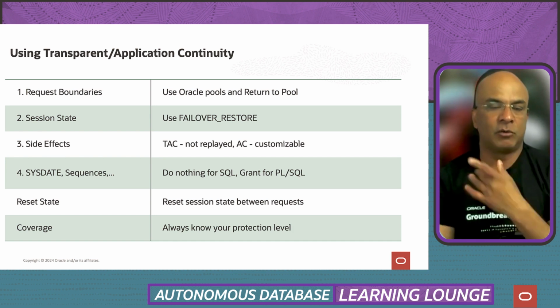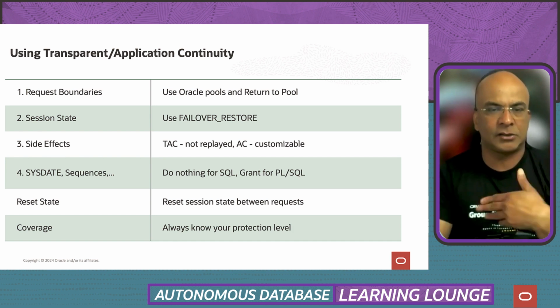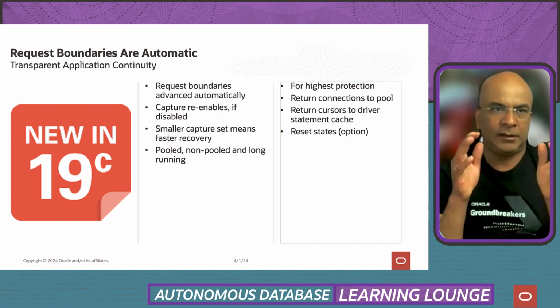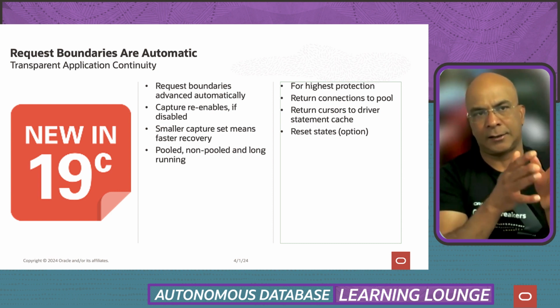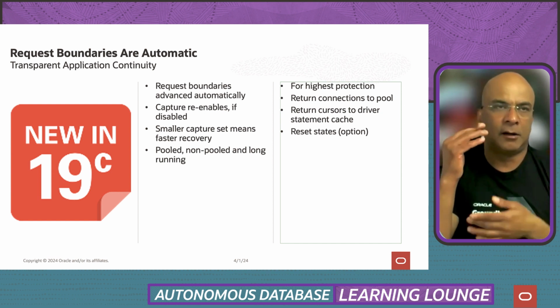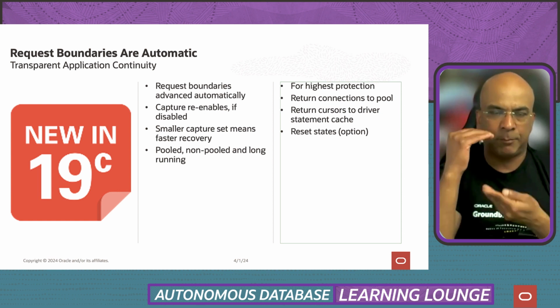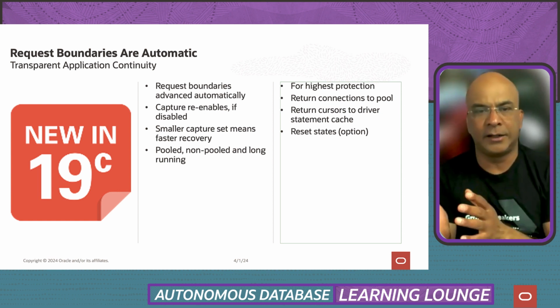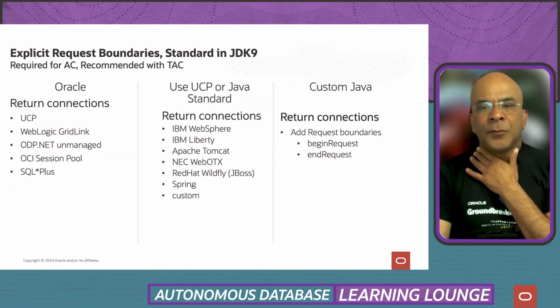If you're willing to work with us, we can make sure that the coverage is always increasing. As I said, new in 19c, we can now detect request boundaries. Request boundaries, as I said, are between the point of begin and commit. We can detect this and automatically replay.